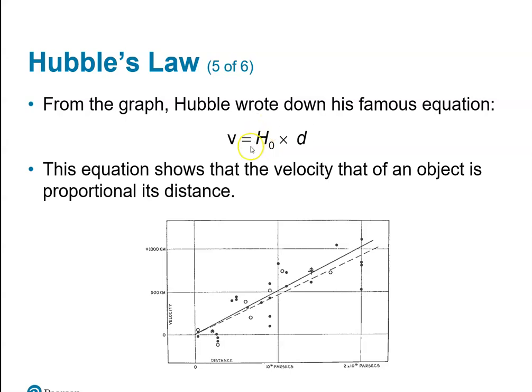And the reason that this is so important to us is if you figure out what H sub zero is, its units actually turn out to be time. So if you take 1 over H sub zero, the reciprocal of H sub zero, that turns out to be the age of the universe in seconds.